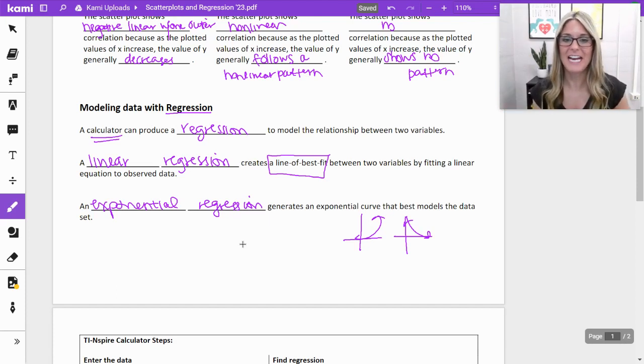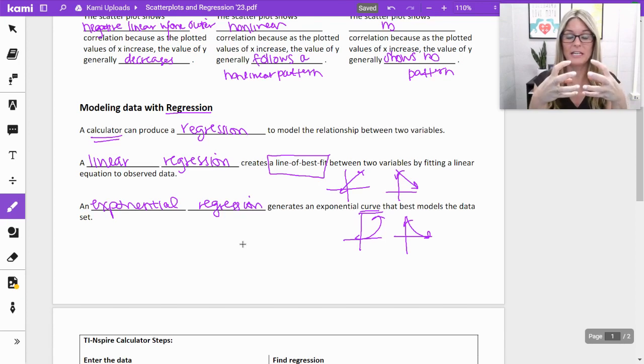It's going to generate an exponential curve that models the data set. So let me doodle up here that linear pattern, right? And like I said, regression, that's all it means. It's going to fit a function, and we're looking at two function families, linear and exponential. We've studied both of them kind of interchangeably throughout the year to fit our data. And then we're going to use it to make predictions.